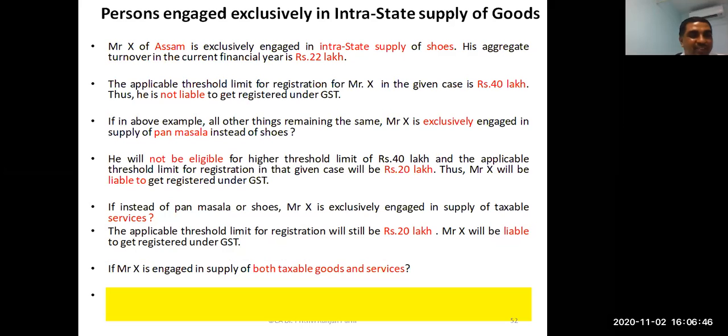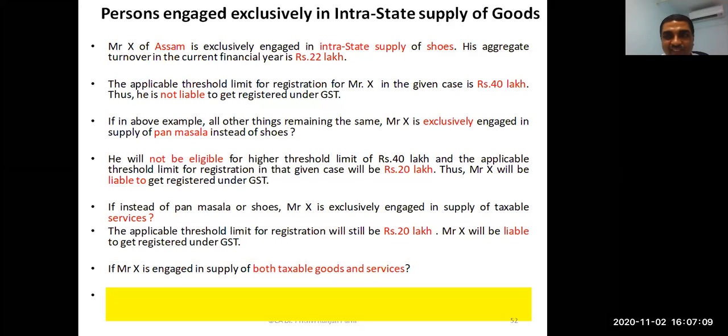Now, next question. If Mr. X is engaged in supply of both goods as well as services, then what is the limit? 20 lakh or 40 lakh? 40 lakhs.